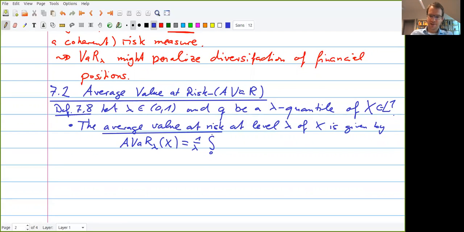So what we do here, if we have a given level lambda, is we average over all levels which are worse up to the level we want to have, and then we normalize it to have an average. Then we integrate the value at risk at level gamma from 0 to lambda of the random position.